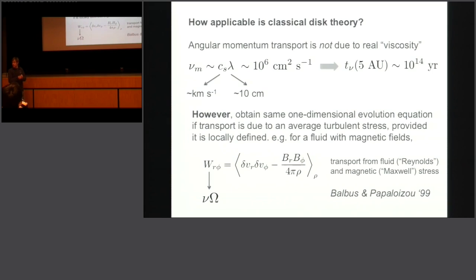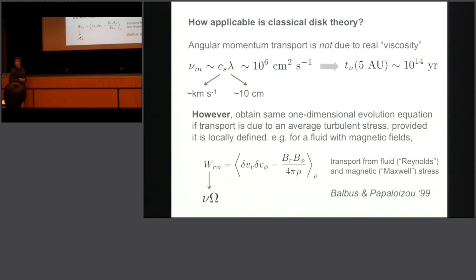very small scales, which may be relevant and interesting for things like particle concentration, but not for the overall evolution of the disk. However, an important result is that the same basic evolution equations will apply, providing that there is some other process, normally considered to be some turbulent process, which redistributes angular momentum.